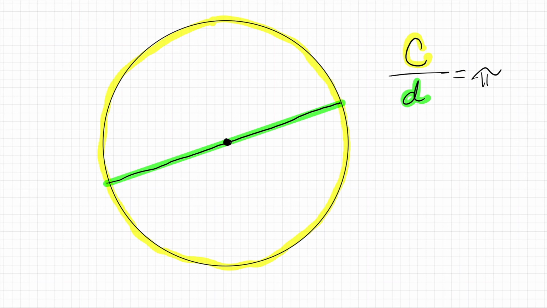But the closer you get to a perfect circle. The circumference is like the perimeter, how far it is all the way around the circle. The diameter is edge to edge, and it has to cut through the middle. If you divide those two numbers and it's a perfect circle, you will get pi. That's how we get pi.